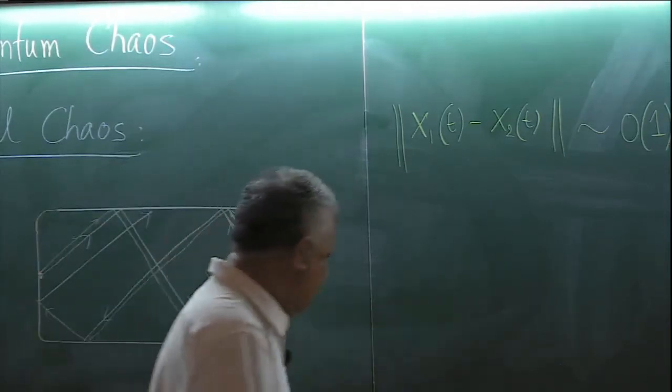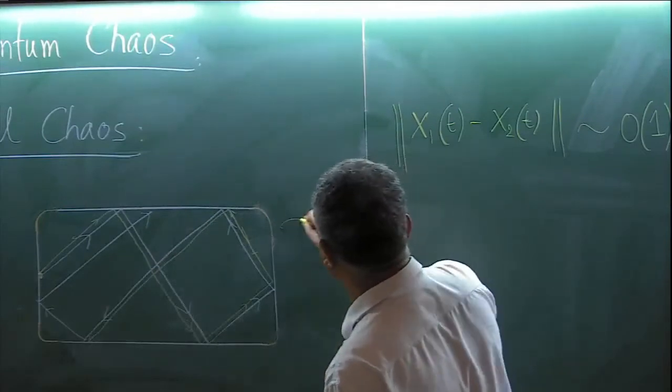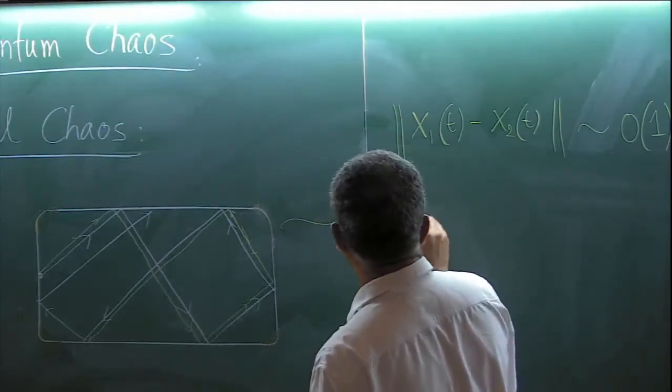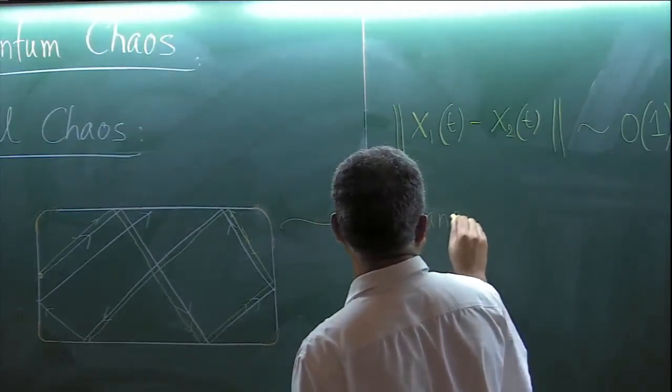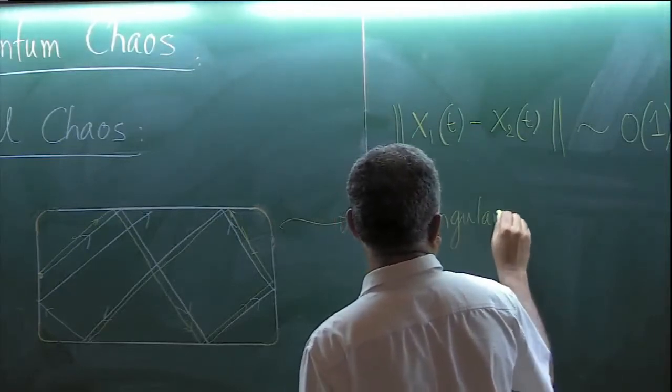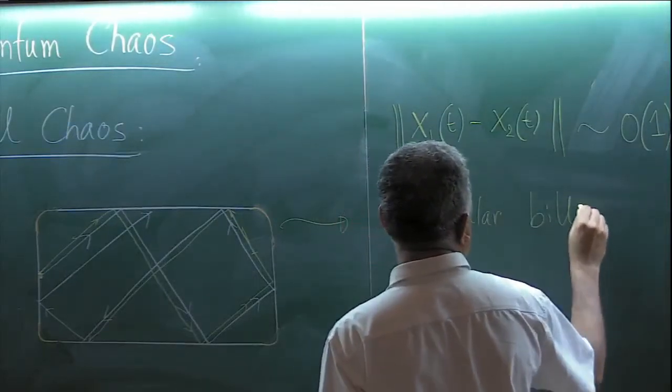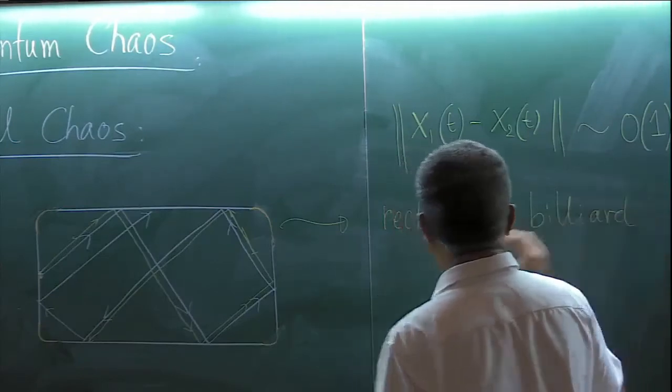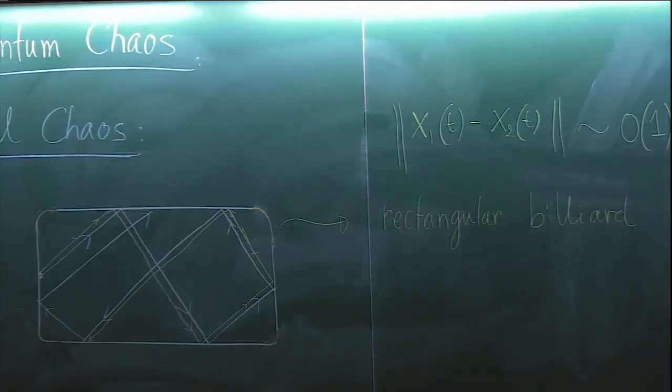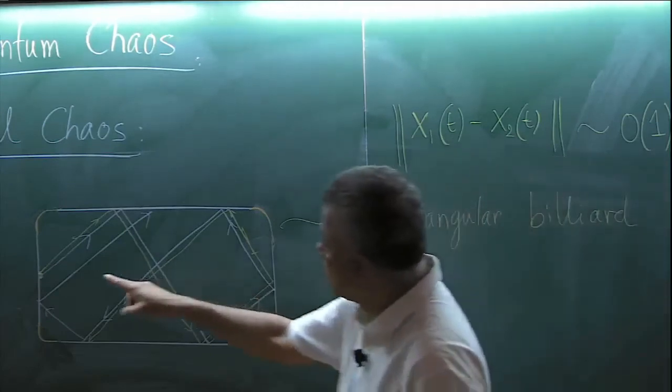Okay? So such an object is called a rectangular billiard, like a billiard table. Now you do the same experiment. You take the first trajectory, and you look at a second trajectory starting very close to the first.